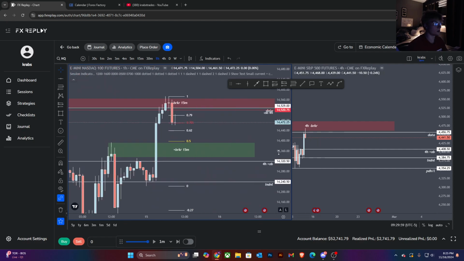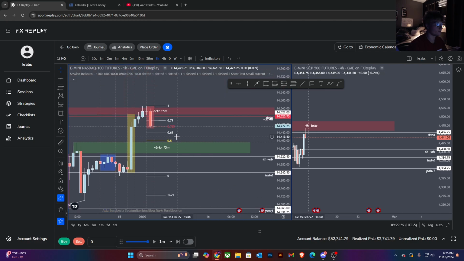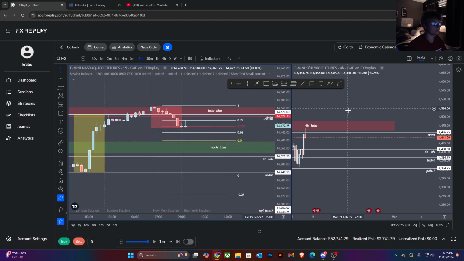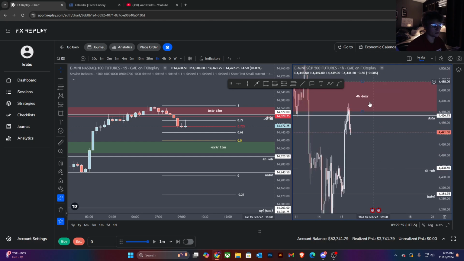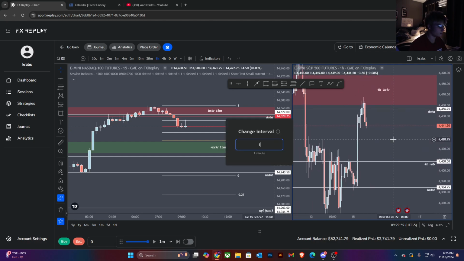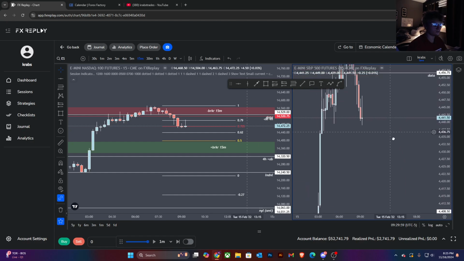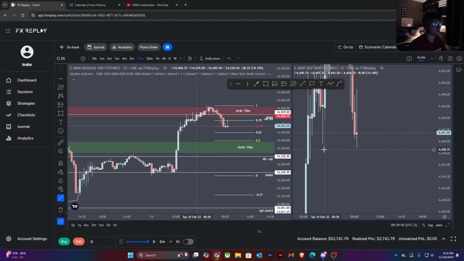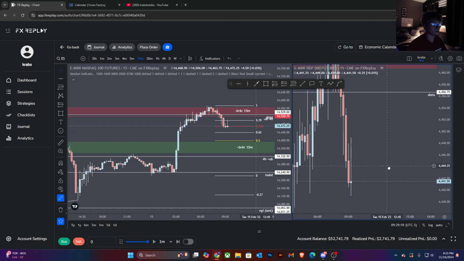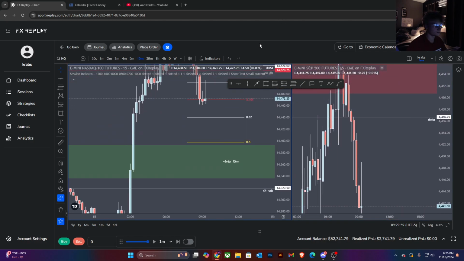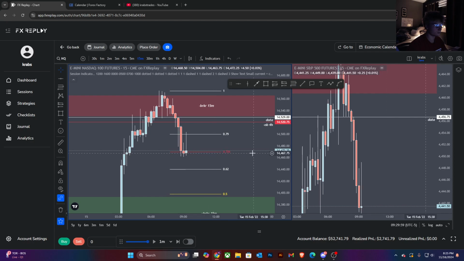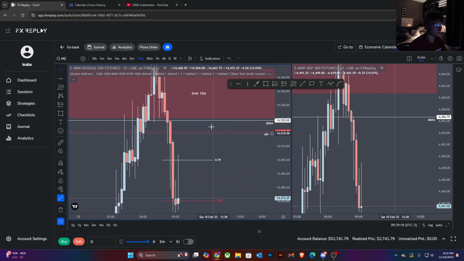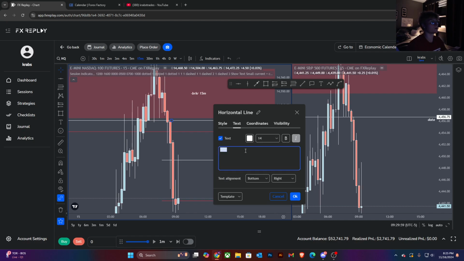So I like shorts a lot. See a 15-minute, hourly, not much on the hourly. 15-minute data here is also unfilled 15-minute for value up.